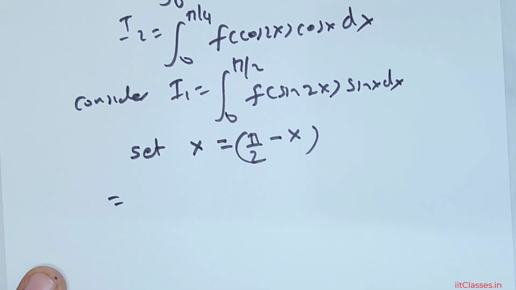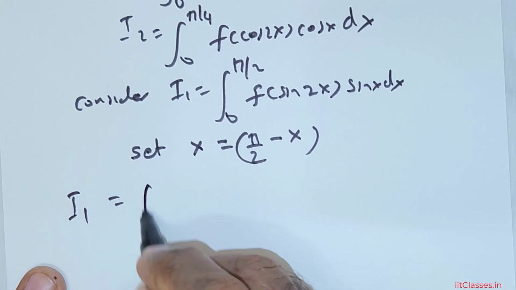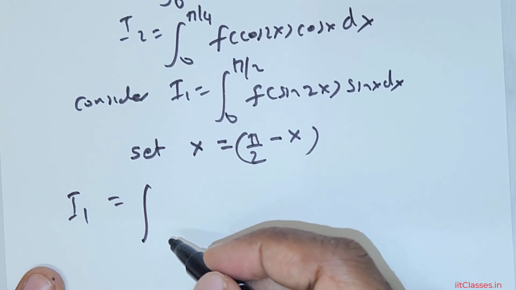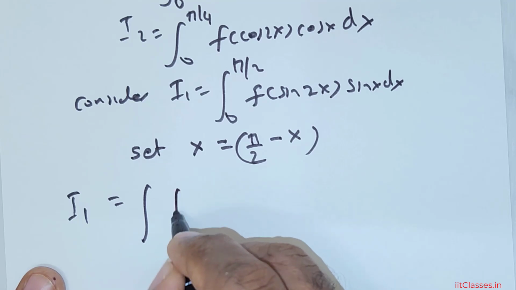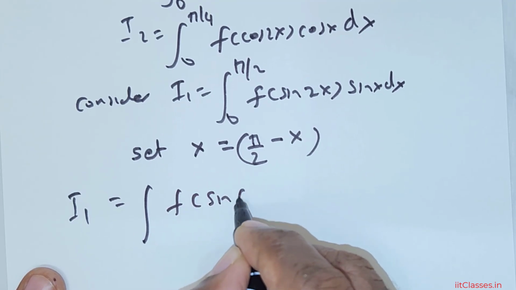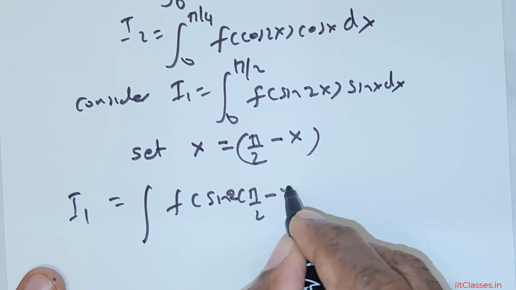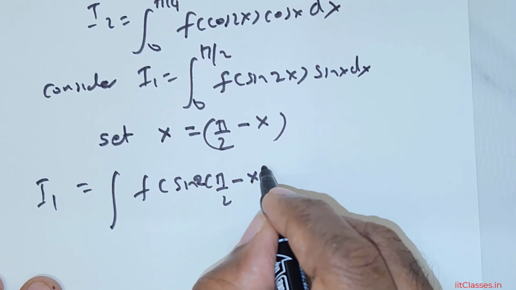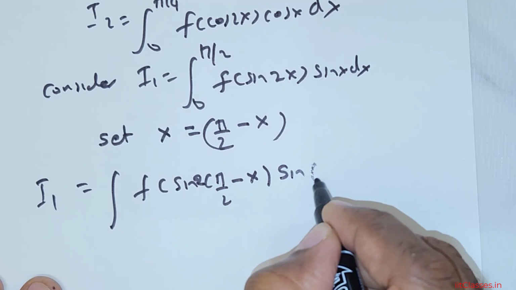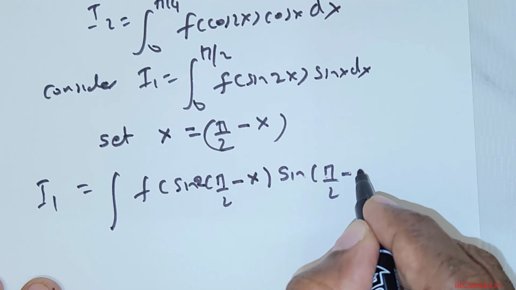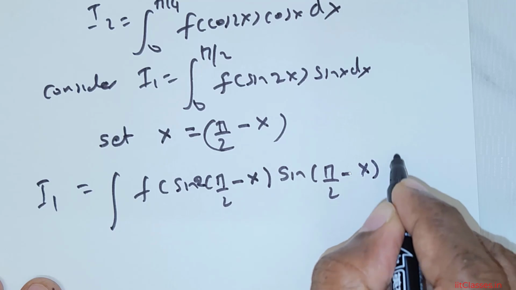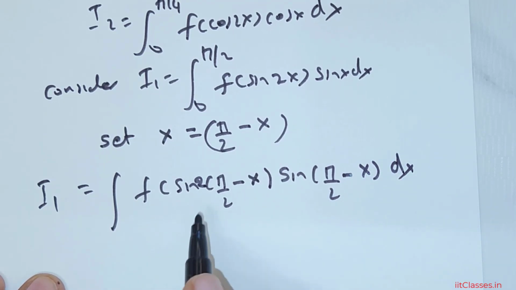So this can be rewritten as f of sine of 2 times pi over 2 minus x, and sine of pi over 2 minus x times dx.